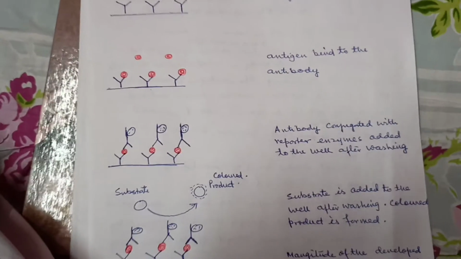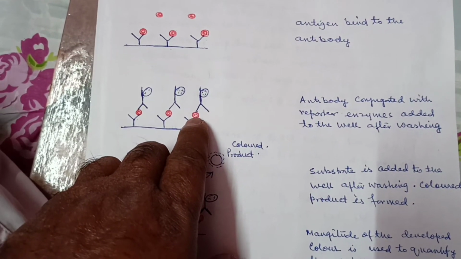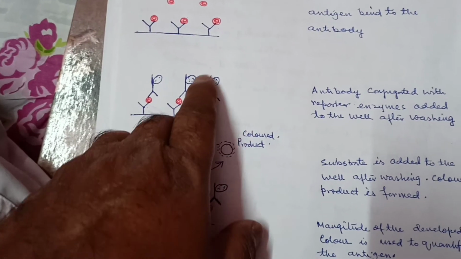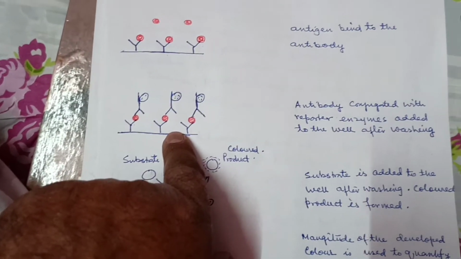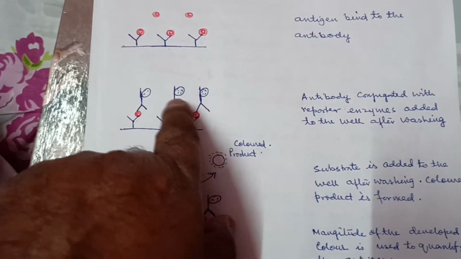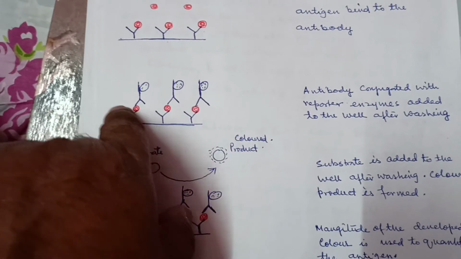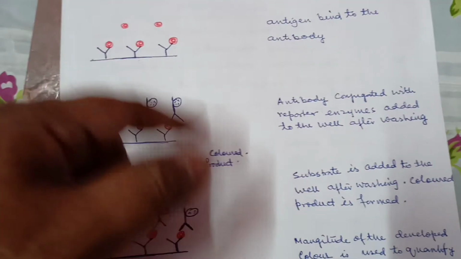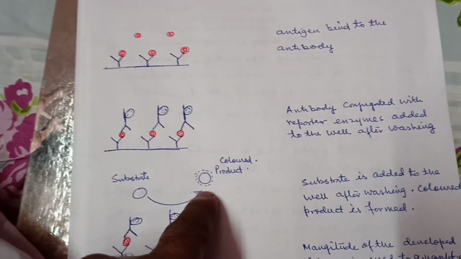In the next step, an antibody specific to this antigen but tagged with a reporter enzyme is added to the well, and this antibody will bind to the antigen. After washing, the substrate is added.